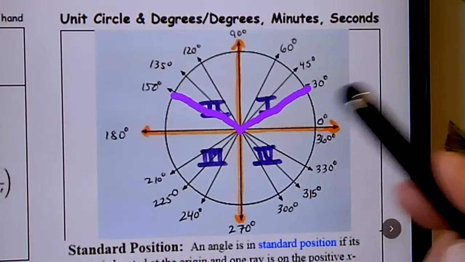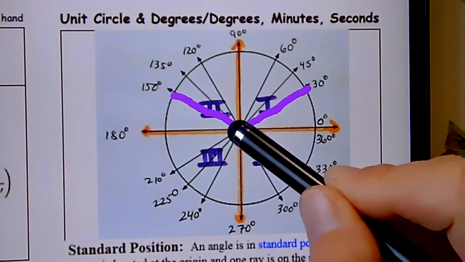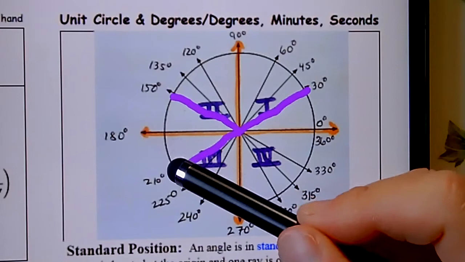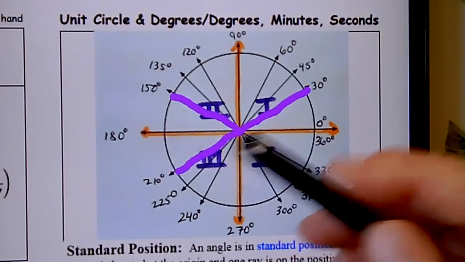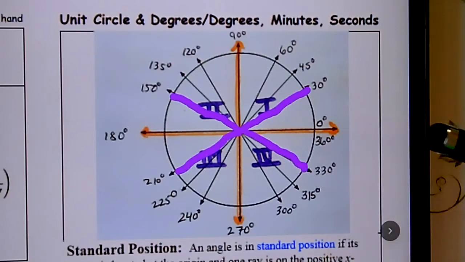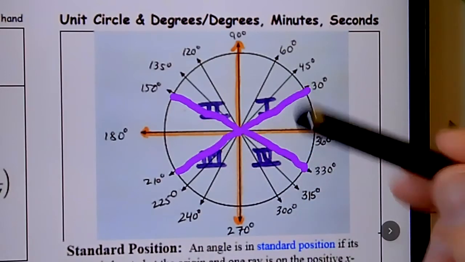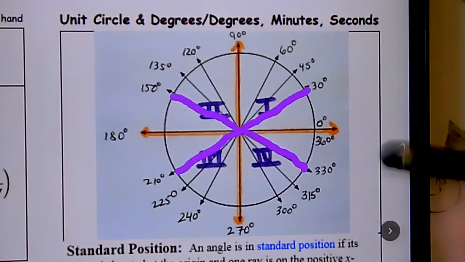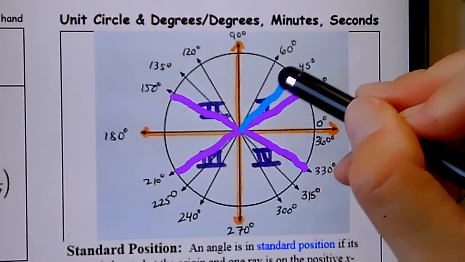Everything here in quadrant 1 will be our reference angle. Down here in quadrant 3, 210 is 30 degrees below. Over here, 330 is 30 degrees below. Now, so all of these would have 30 degrees as their reference angle. They're all 30 degrees above or below the x-axis. Now here's our 45, okay?